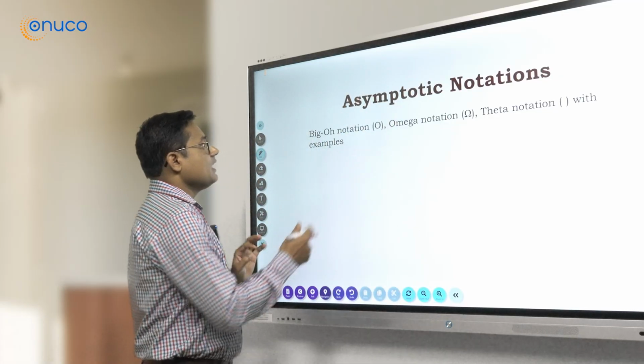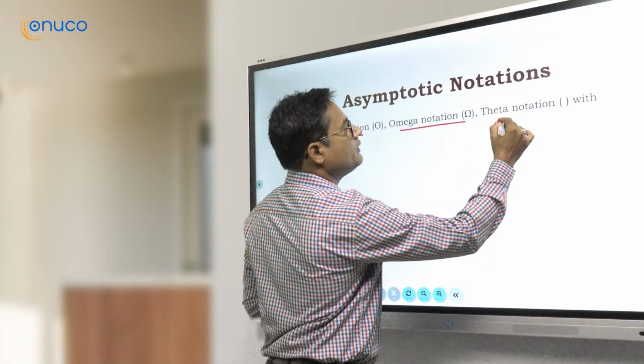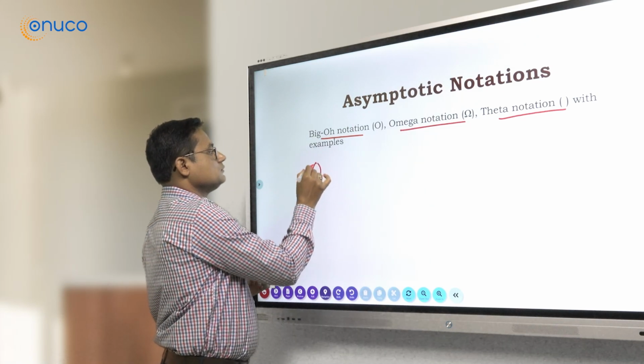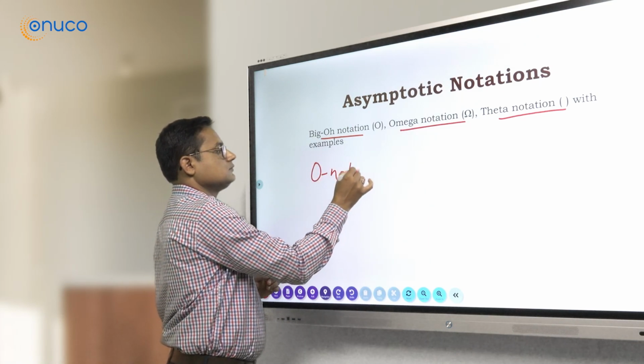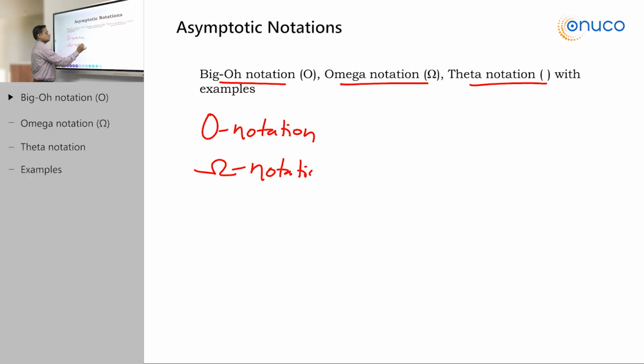So in this we have big O notation, omega notation and theta notation.